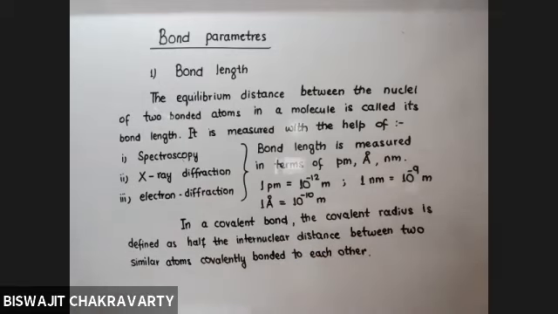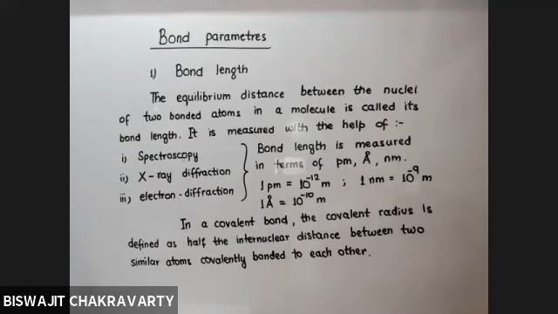This we have learned while discussing the periodic classification. And we have seen that if both the atoms are similar and they are covalently bonded to each other, then half the internuclear distance, that is half the bond length, is referred to as the covalent radius.